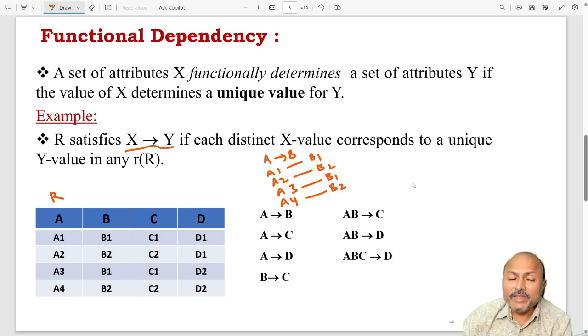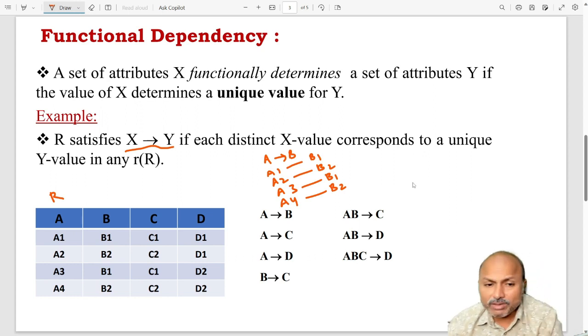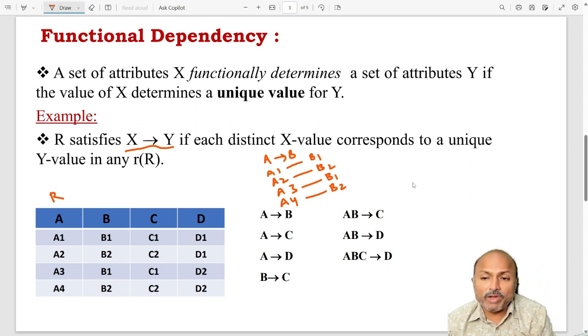Then you can say that functional dependency holds. Here, for A1 you have only one value B1, for A2 only B2, for A3 only B1, for A4 only B2. So this functional dependency holds.